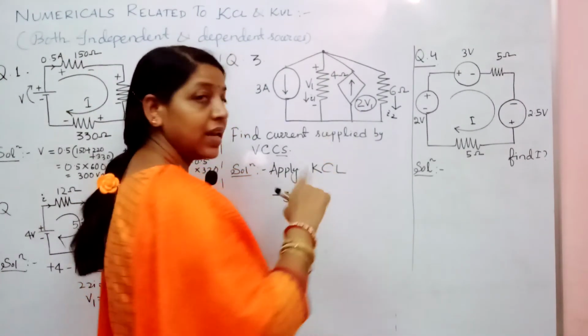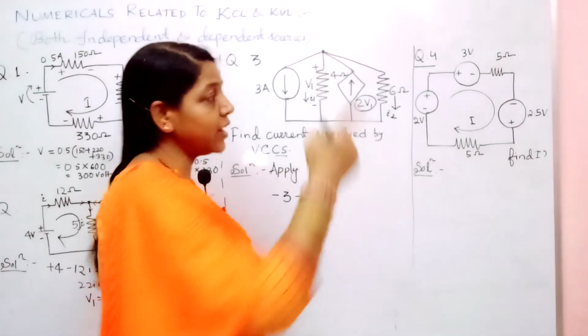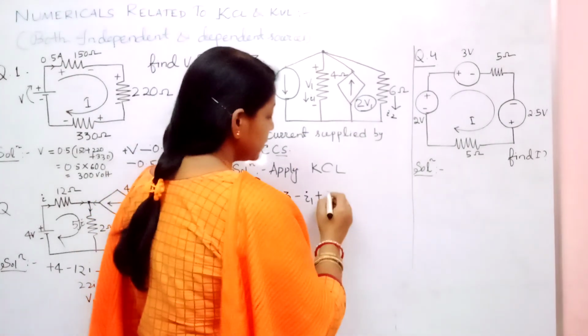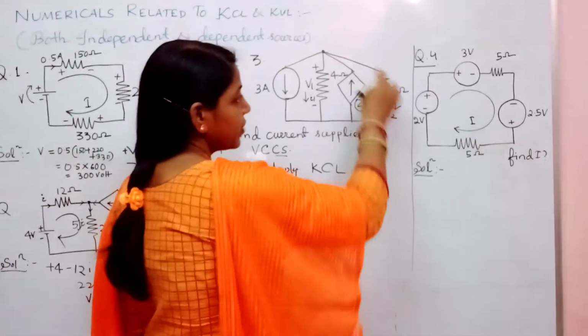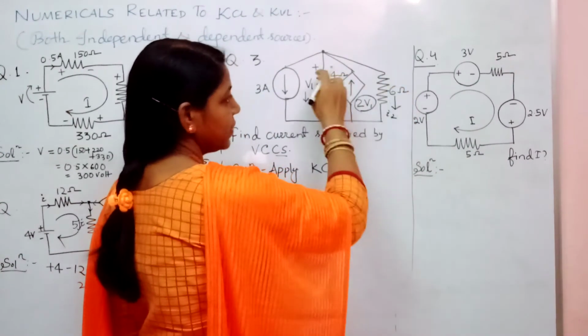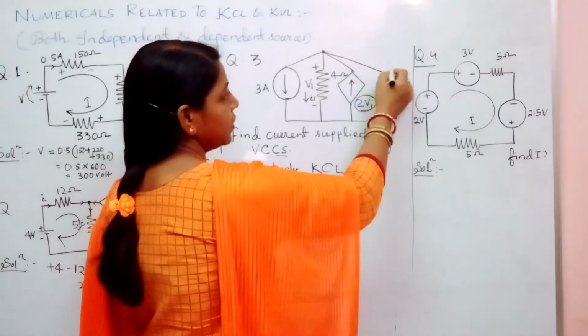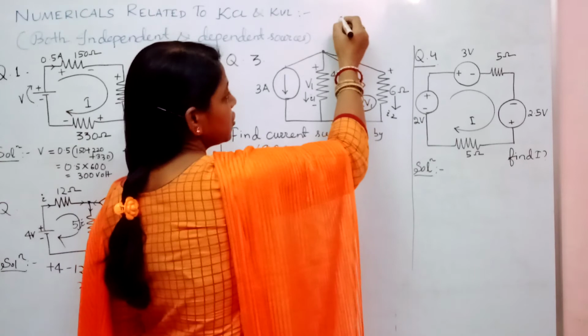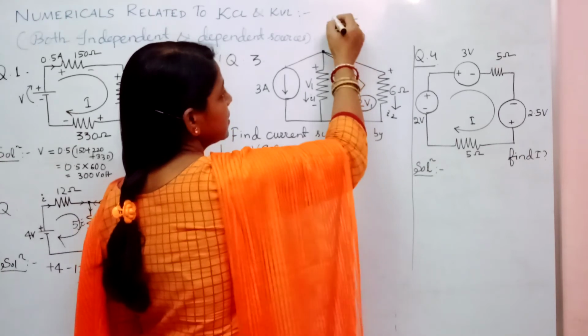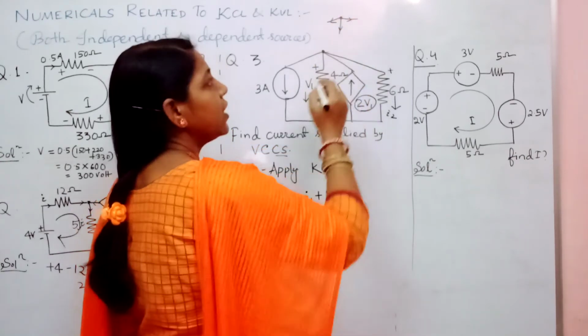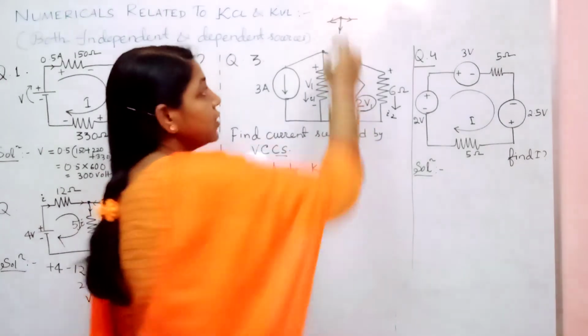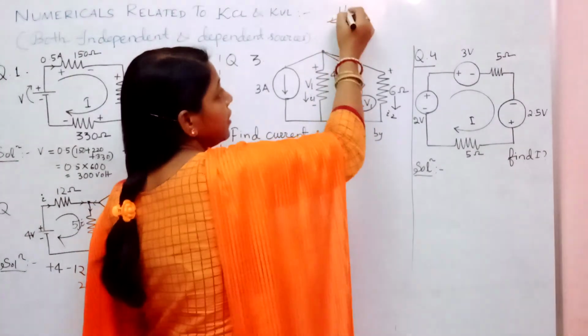I am assuming my leaving current is negative. So definitely my entering current should be positive. So 2V1. Now here I assume that my current is leaving because they have not given. When they are not given, for any junction point, always consider that it is moving outward, and we assume that the point of junction is at higher potential.